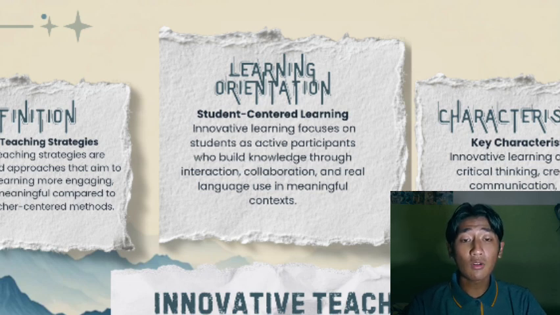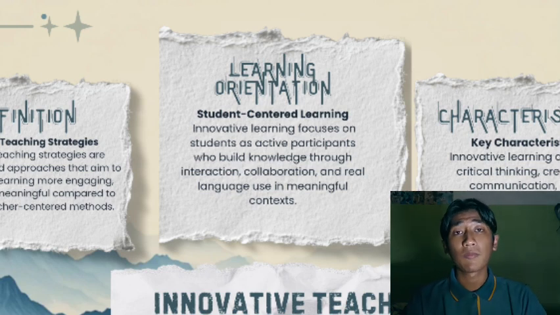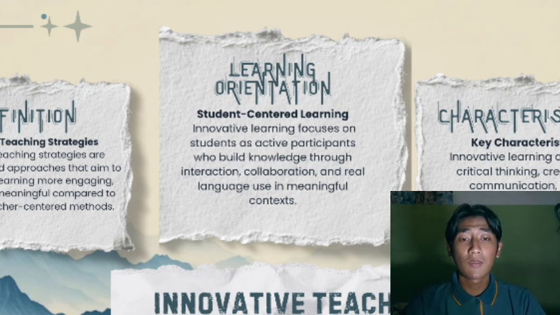Instead of focusing only on grammar explanation or memorization, students learn English through activities such as discussion, group work, problem solving, and projects. So in this kind of teaching method, the students gain many experiences, not only from listening to the teacher, but they do everything so they can train their skills.